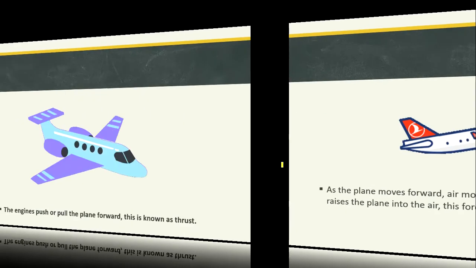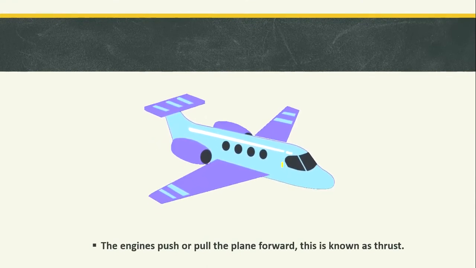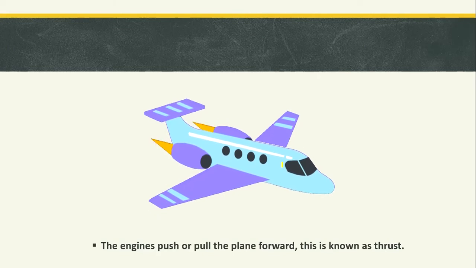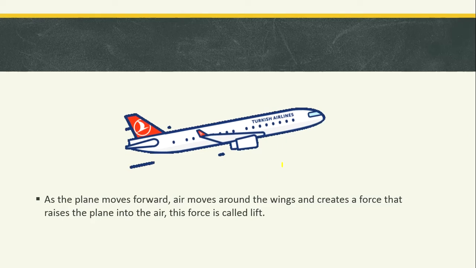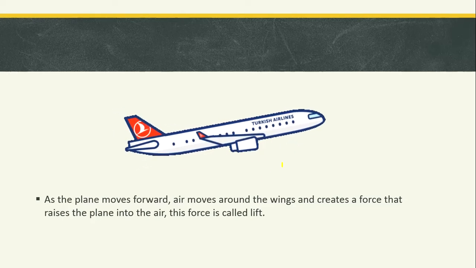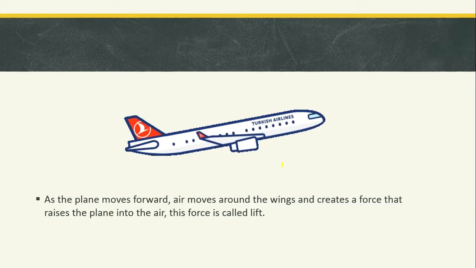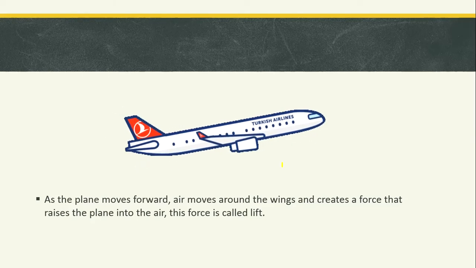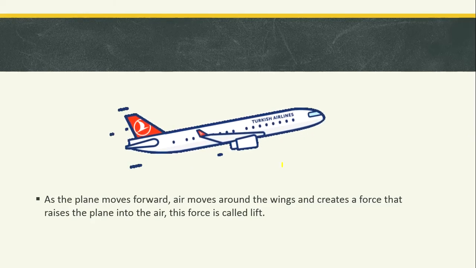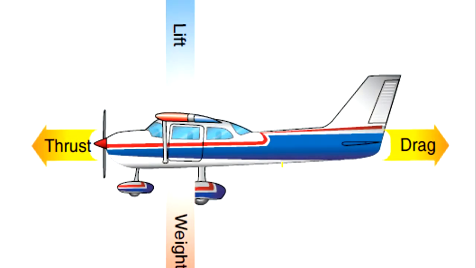So thrust is the engines pushing the plane forward. That's a thrust force. And then you have the lift force, when air moves around the wings and creates a force that raises the plane into the air at high altitude.